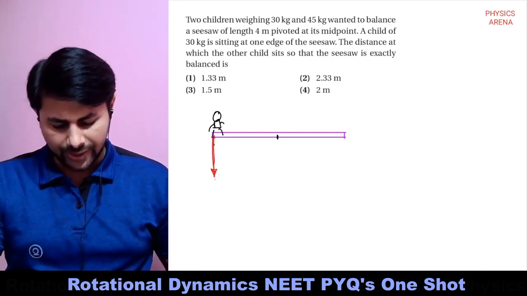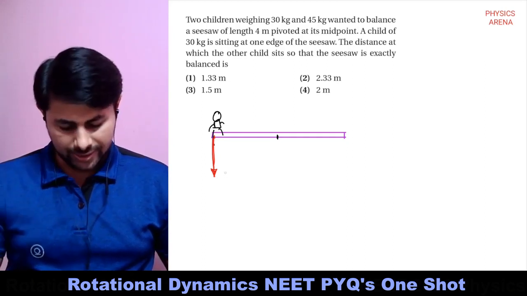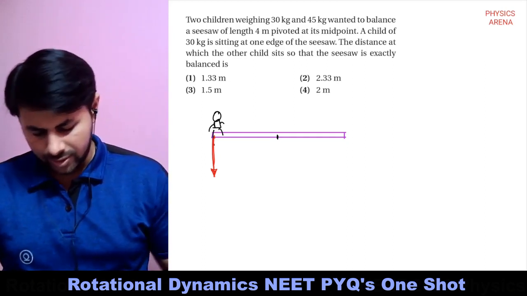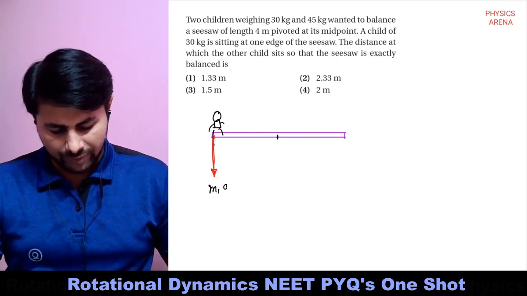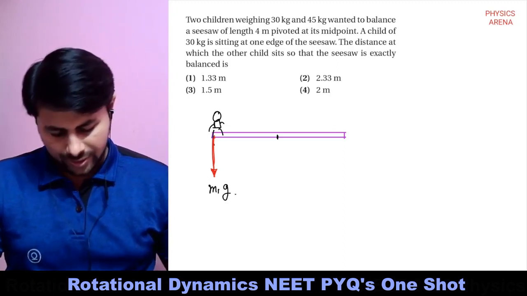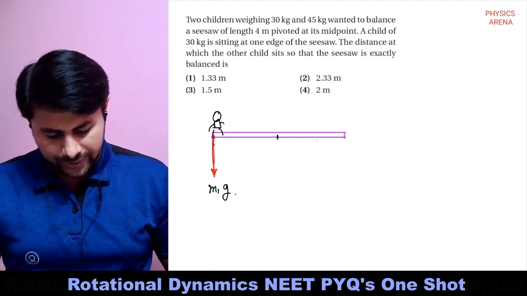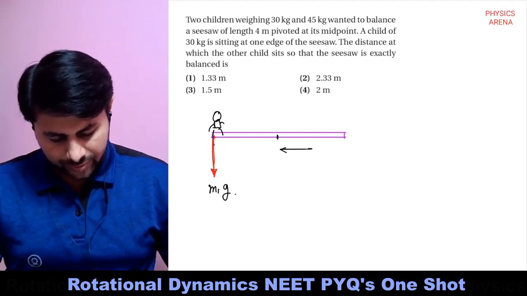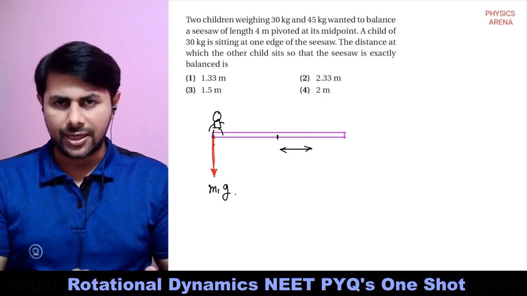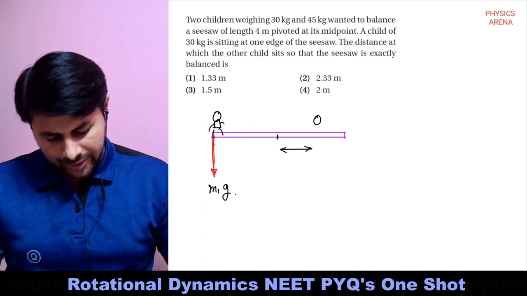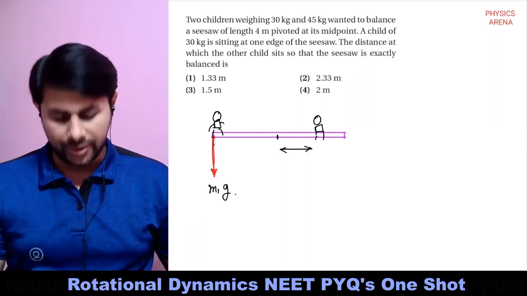Okay, how much is that? So its mass is 30 kg. Let's call it m1. So m1 times g is the weight. Okay, the other child, let's suppose, sits over here because that other child is the heavier one. He will sit at a closer distance.